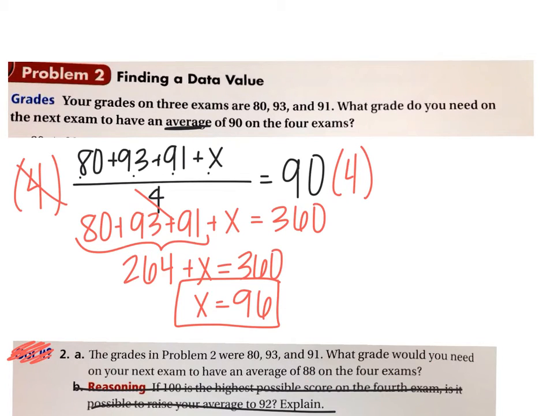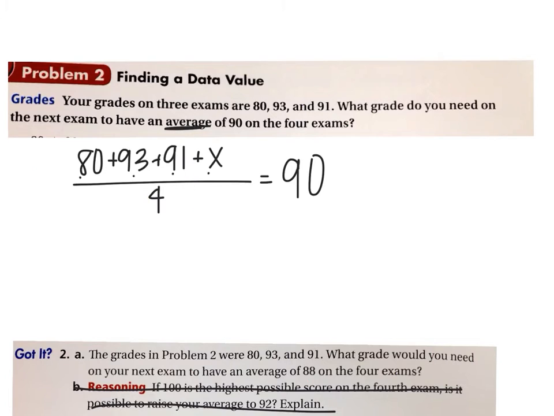So all you have to do for that question down there is take what we had, but instead of 90, we're going to put in an 88. And I want you to do the same thing.